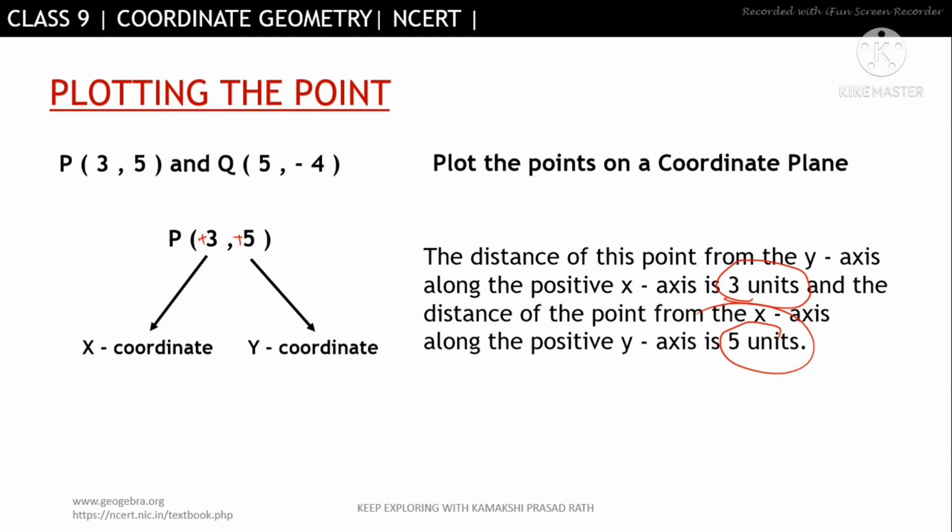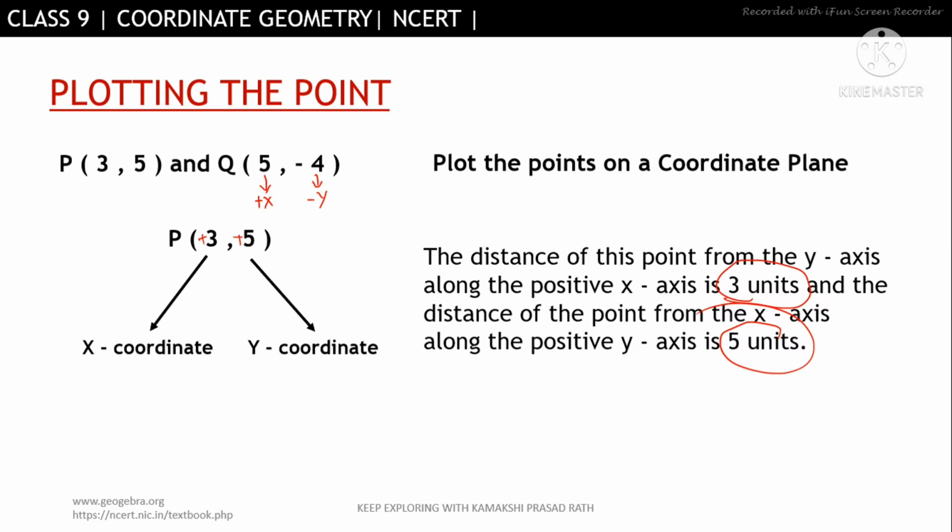Similarly for point Q, this one will be the distance of the point from the y-axis, and this is the distance of the point from the x-axis, but in the negative direction of y, along the positive direction of x.